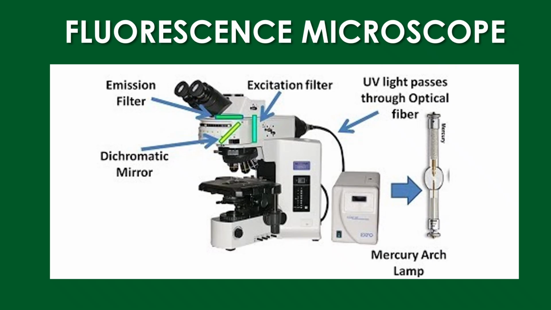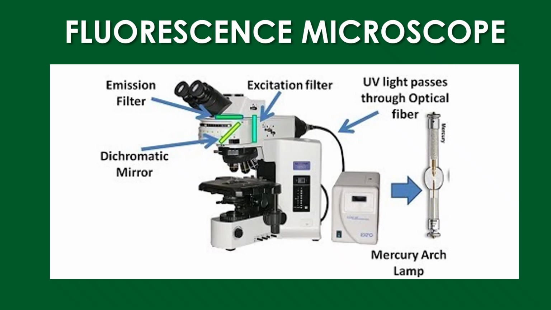And this is the image of the fluorescence microscope. Like an ordinary light microscope, it also contains a light source, condenser, objective lens, eyepiece, all the things. But apart from the normal parts, it contains some special parts.